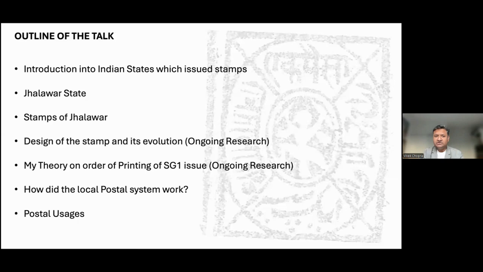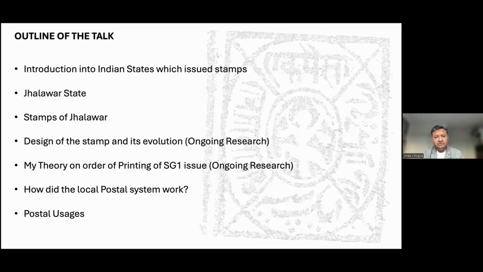And of course, talk about the Jhalawar state, the stamps of Jhalawar, and some ongoing research I've been doing about the design you can see on these beautiful stamps and its evolution. I'm going to talk about my theory on how these were printed, or what the sequence of events in printing these stamps would have been.